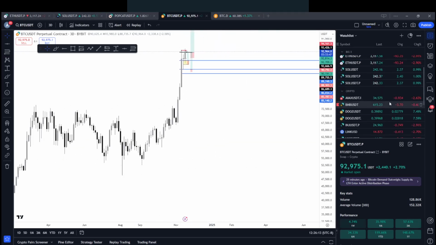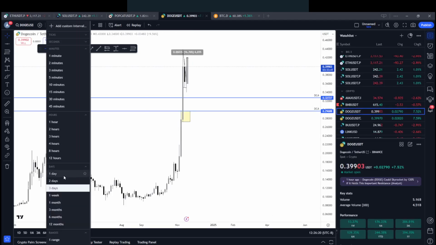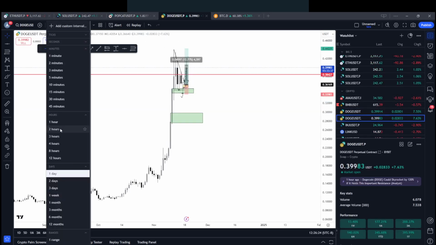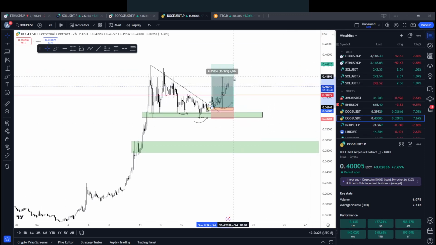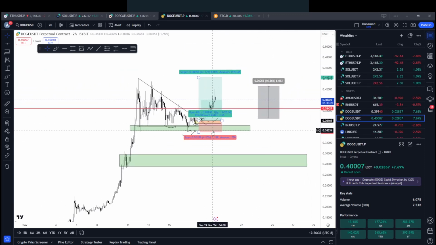Now, before I go into taking suggestions here, I gave literally just one big conviction trade in my channel, and that was Dogecoin. This is the exact setup that I gave in the video, but also the exact setup that I took for my spot call.